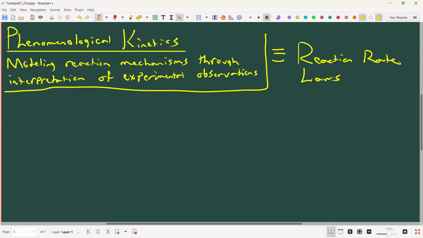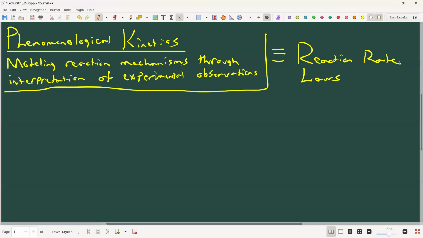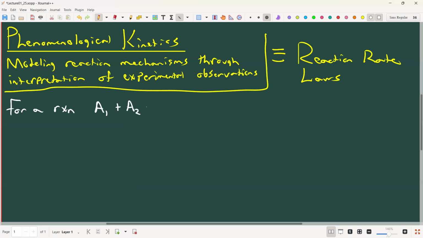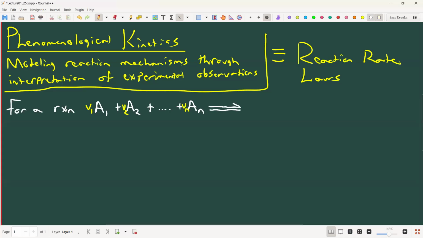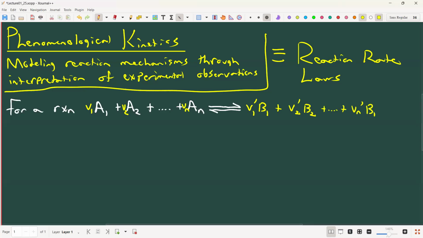We glanced at this idea before. The idea is that a rate law for a reaction where we have reactants A1, A2 to An with stoichiometric coefficients ν1, ν2 to νn, reacting or equilibrating with products called ν1' B1 plus ν2' B2 to νm' Bm.